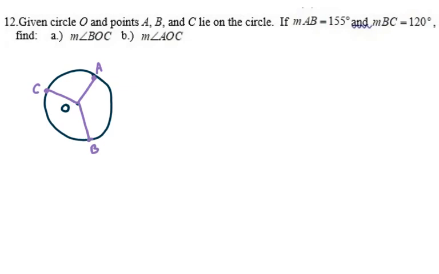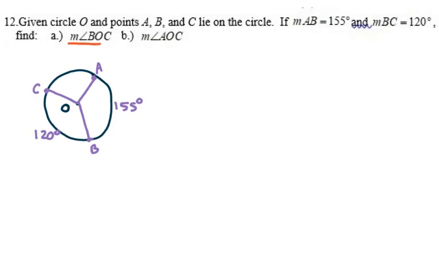All of our radii are drawn in here. They line the circle. We are given that arc AB is equal to 155 degrees, and we're given that arc BC is equal to 120 degrees.